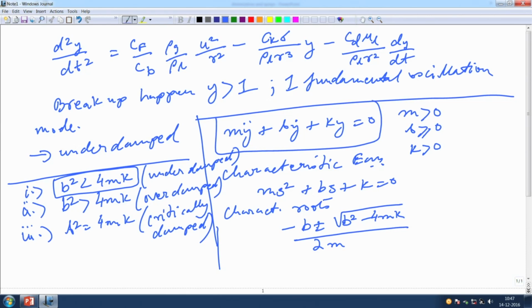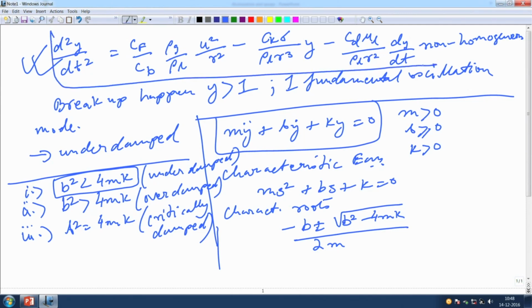But the equation that we have over here is a non-homogeneous equation, right. The basic vibration equation that we wrote will usually have 2 solutions. One will be a particular solution, and one will be the complementary solution, correct.